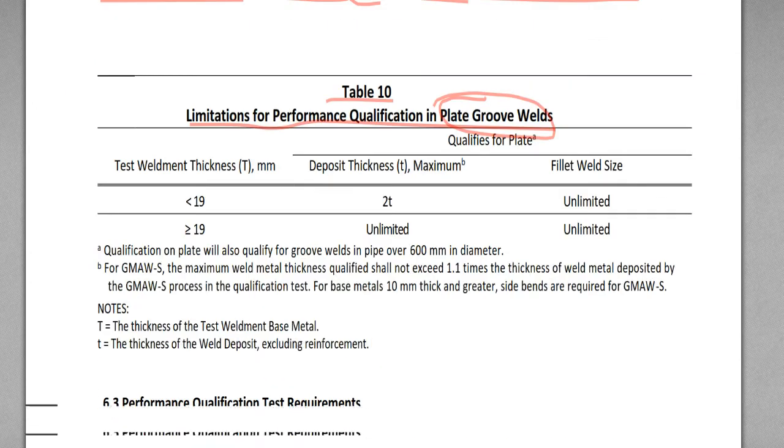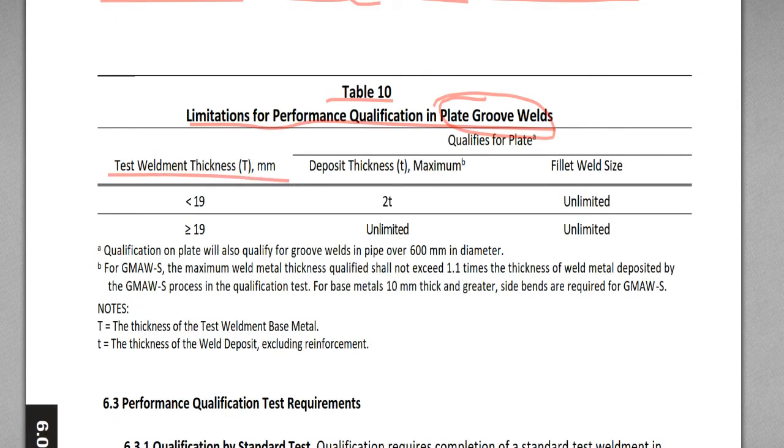This is plate. The test weldment thickness T, large T, this is PQ, and this here is what it qualifies for plate production welding. If you use plate thickness less than 19 millimeter, the maximum thickness of the qualification for the production welding is 2T. So if you used 15 millimeter thickness for the PQ, then the maximum qualification for the production welding is 30 millimeter.